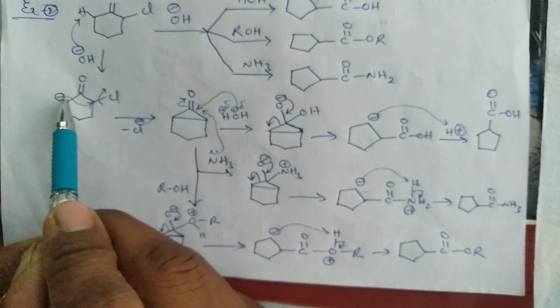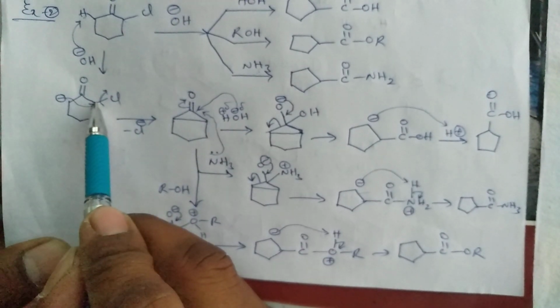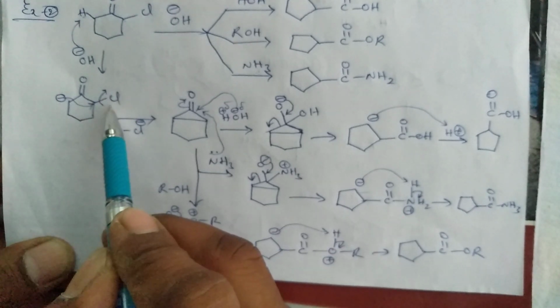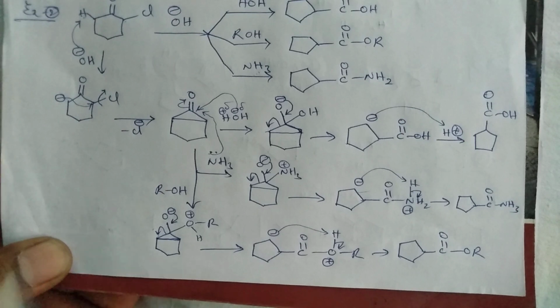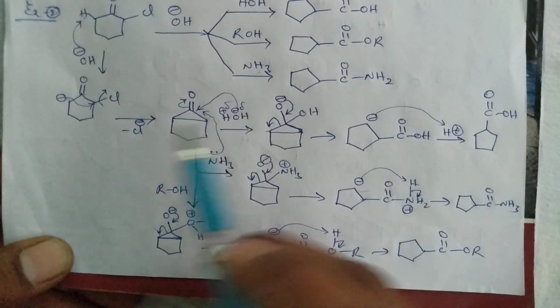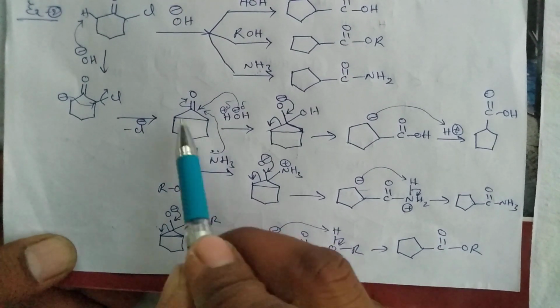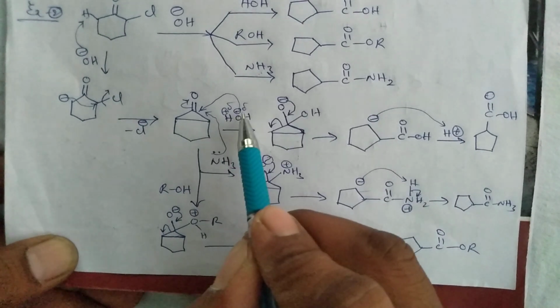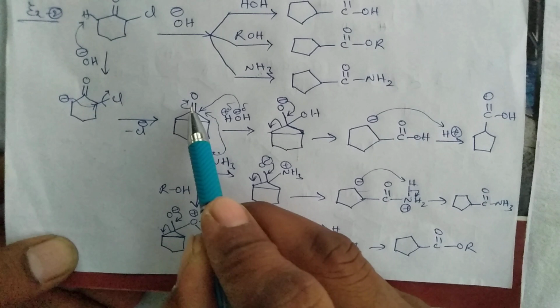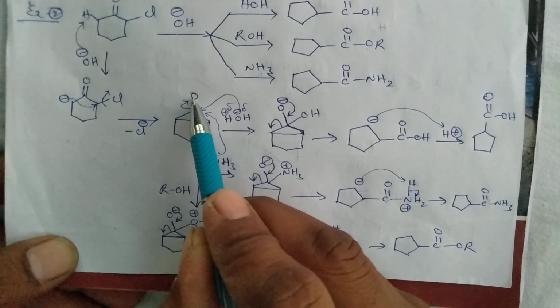So here the negative part of the carbon center attacks this carbon, then Cl minus is eliminated, and produces bicycloketone.